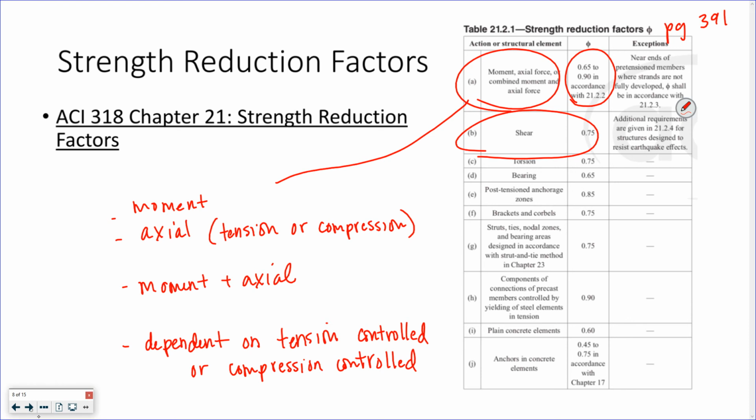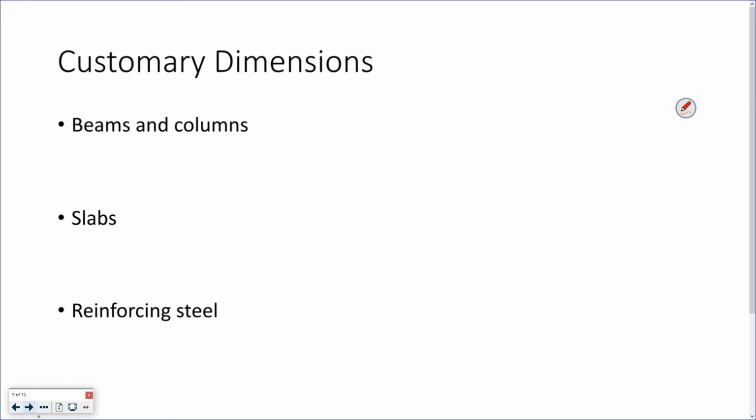Let's talk about dimensions. When we were previously designing for steel, the steel manufacturers all say, here are the sizes available, and you don't get any say in anything. When we're talking about concrete, you as the designer get to say how big something is. With that in mind, you do have to follow a few rules of thumb.